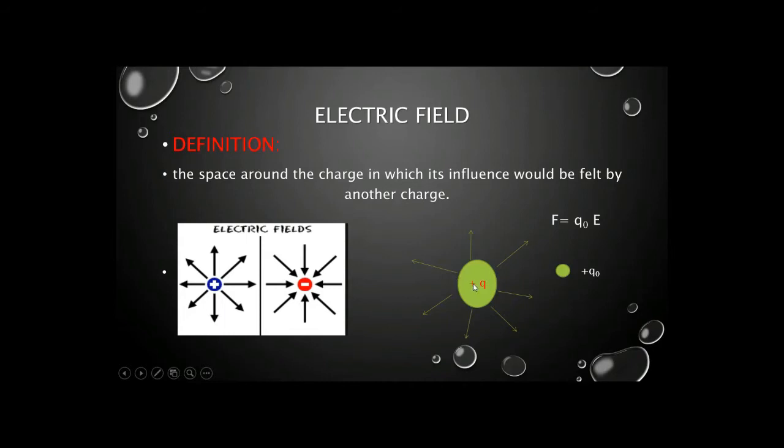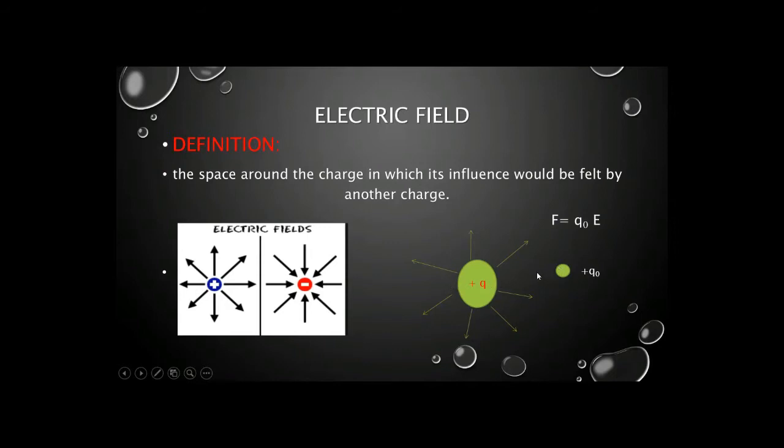Now we will take two charges. The first one is considered the source charge and the other is considered a test charge or a point charge. Why do we call it a test charge? Because through this charge we can test the electric field of a source charge. We bring that point charge nearer to the source charge so that it can feel the effect of that electrostatic force.